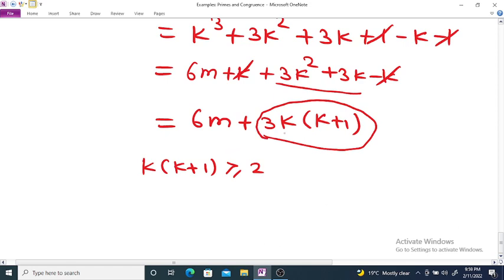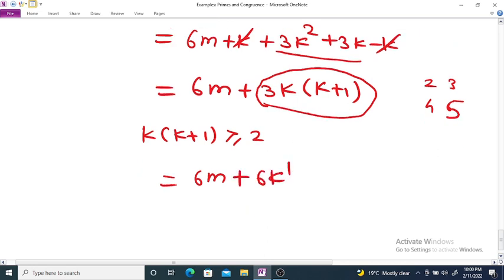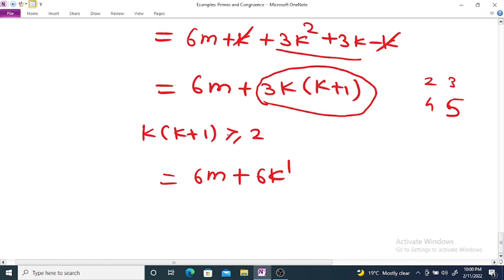These are two consecutive integers, that is 2, 3, then 4, 5, and so on. So here, with two consecutive integers, k into k plus 1 is always divisible by 2.